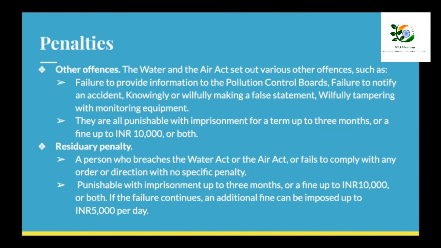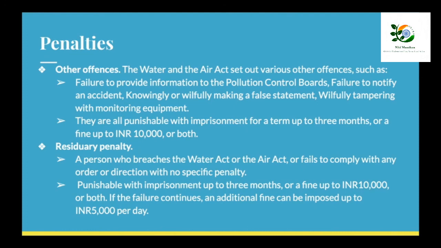For other offences, the Water and Air Acts set out various offences such as failure to provide information to the Pollution Control Board, failure to notify an accident, knowingly or willfully making a false statement, or willfully tampering with the monitoring equipment. These offences are punishable with imprisonment for a term up to 3 months or a fine up to rupees 10,000 or both.